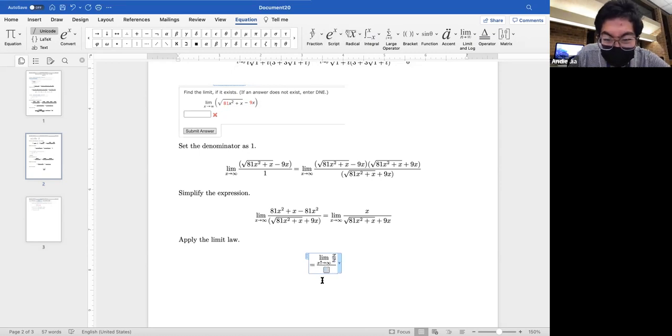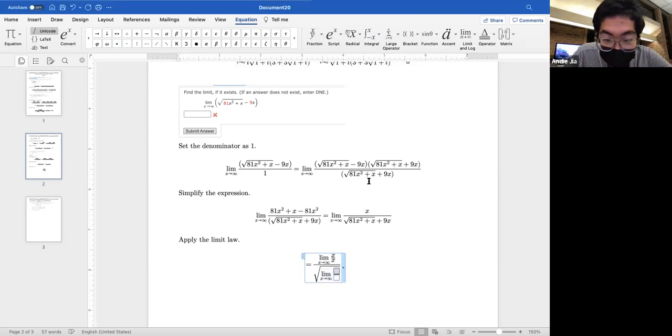And what else is this doing? Then we're just going to spread out inside of the radical, not integral.